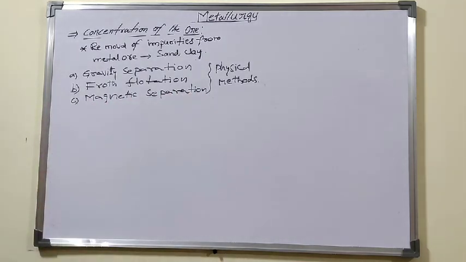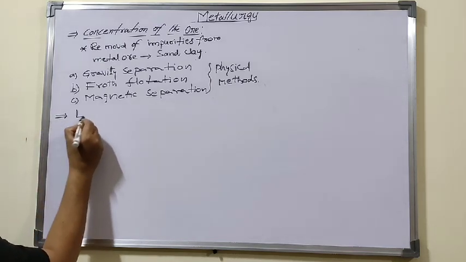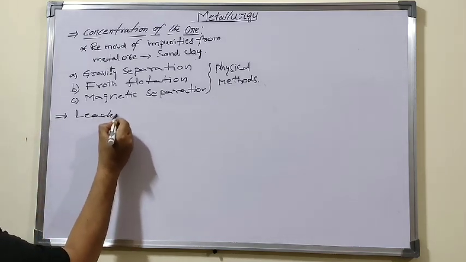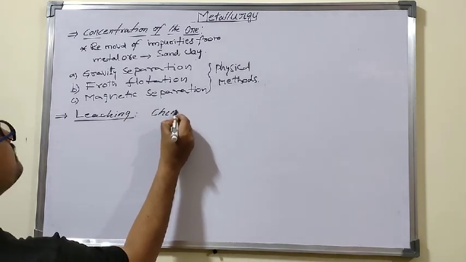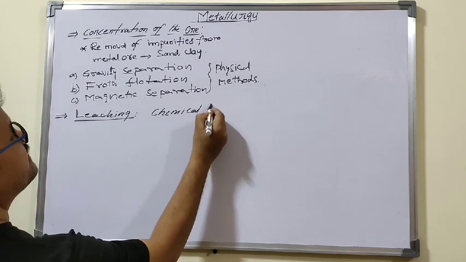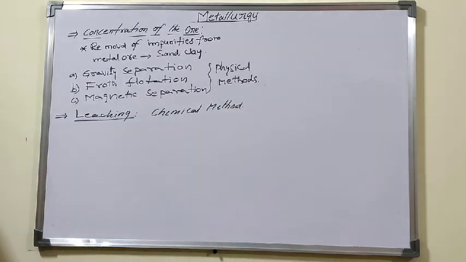Next, another method we have, that is leaching method. Leaching is a chemical process. That is a chemical method.